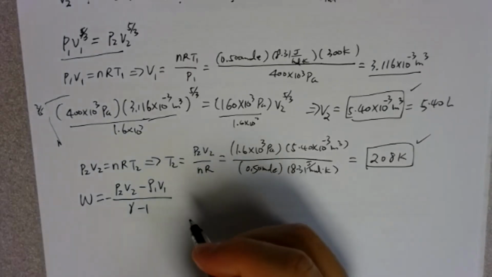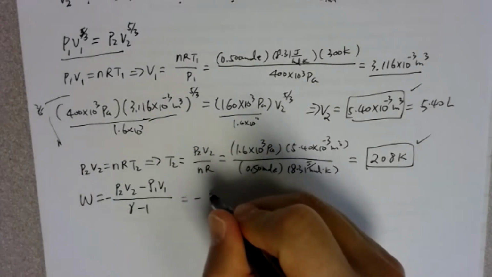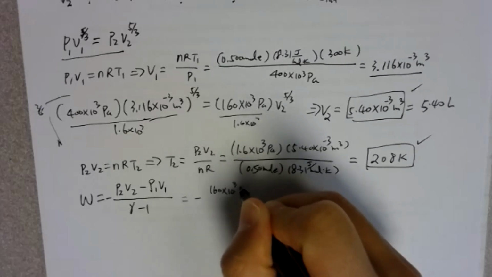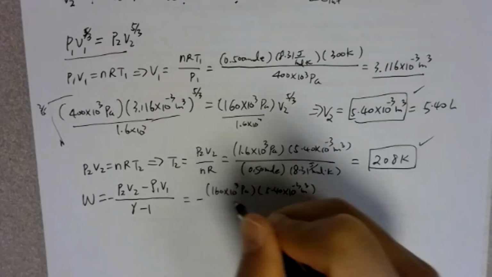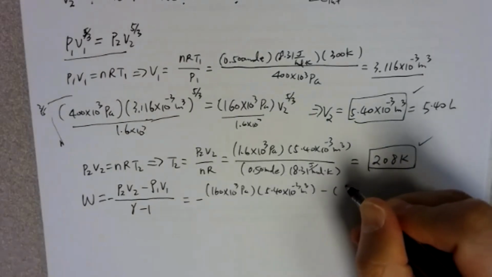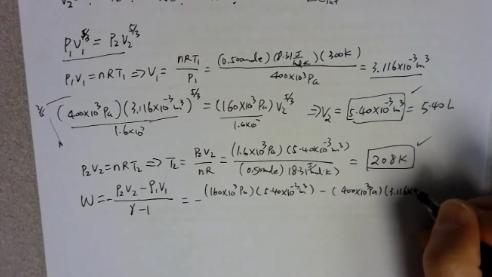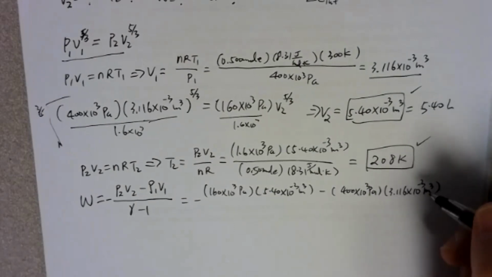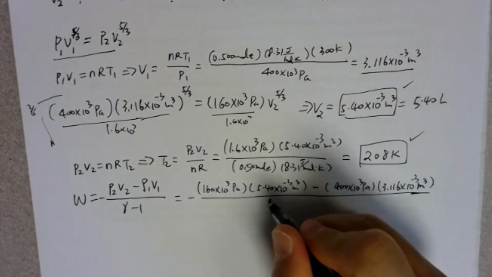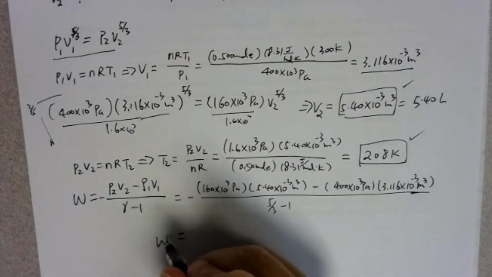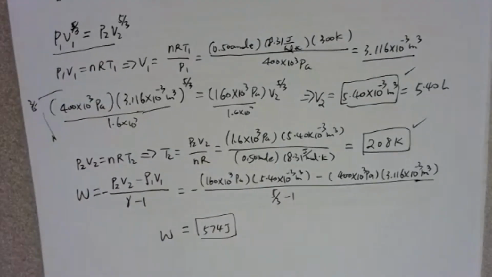So this equals minus of, plugging in the numbers, 160 times 10 to the third Pascal, V2 being 5.40 times 10 to the minus 3 meters cubed, minus 400 times 10 to the third Pascal and an initial volume of 3.116 times 10 to the minus 3 meters cubed, divided by gamma minus 1, where gamma is 5 over 3 minus 1. At the end, you get work equal to 574 joules. So that's the work of the expansion.